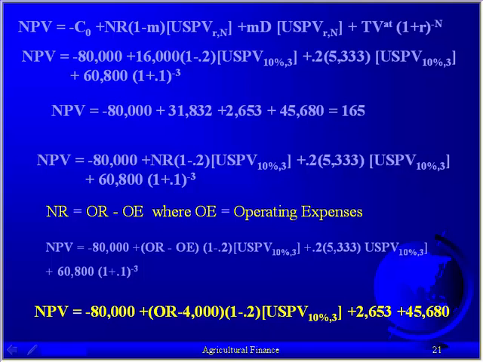Now we also know from the problem, we're assuming that the operating expenses were $4,000. By substituting in appropriately for the values, we now have net present value equal to a function of the operating receipts or operating revenues. We're trying to find the sensitivity of profitability to our assumptions on operating receipts.